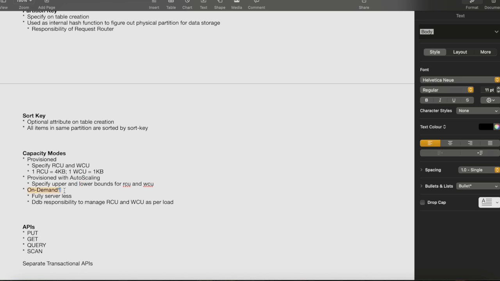The next thing is fully serverless mode. DynamoDB calls it on demand. In this case, you don't have to specify WCU, RCU or anything. The idea here is DynamoDB will automatically scale up and down depending on the number of requests coming in.